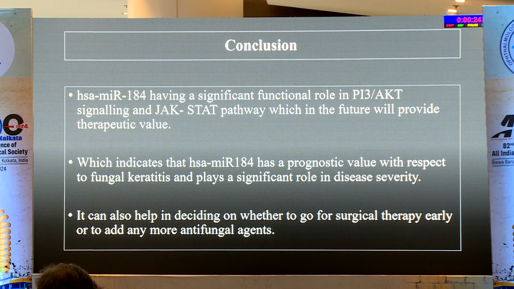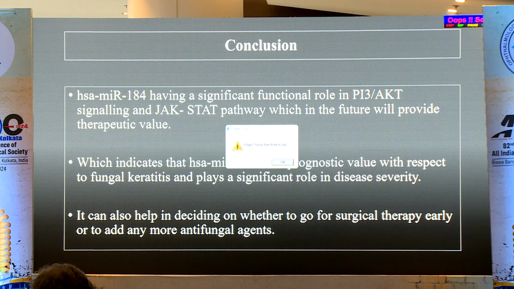In cancer studies, for example, they are doing a study in breast cancer in which anti-miRNA 10B nanoparticles are under development, which can have a therapeutic role. So we can have targeted therapy against these miRNAs. Other than that, it has a prognostic value: if we see it is down-regulated, we can undergo surgical treatment earlier rather than wait for it to get even worse.